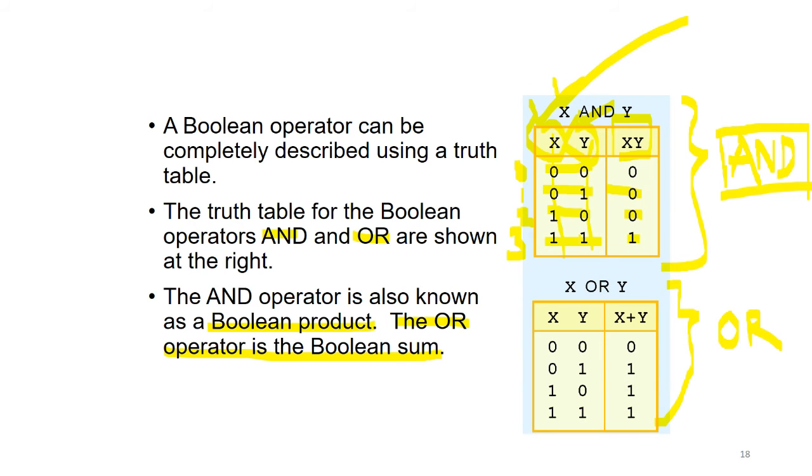What about this OR circuit? OR acts as a Boolean sum, or you can say it acts as an addition operator. So if we add up 0 and 0, we get a value of 0. When we add 0 with 1, we get 1. When we add up 1 with 0, we get 1.